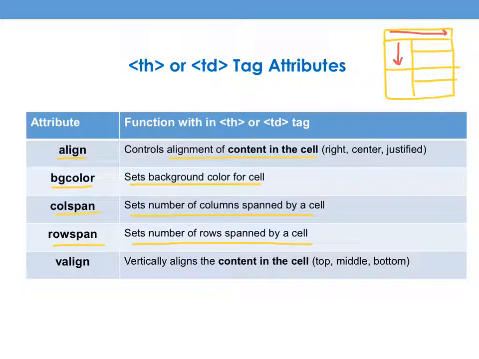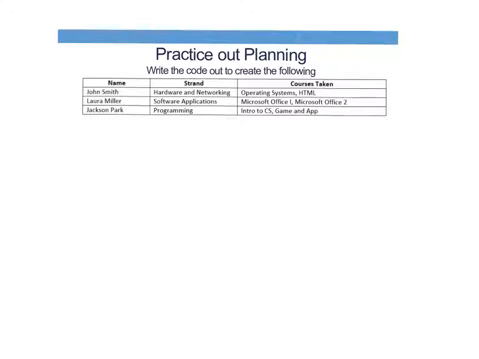So when we're talking about column span and row span, we're talking about the spanning there, and we will spend an entire lesson talking through how we actually plan for those tables that contain cells that have that spanning. And then finally, the last attribute, similar to the TR tag, is that vertical alignment again, which is talking about the content in the cells, and it can be top, middle, or bottom for vertical alignment.